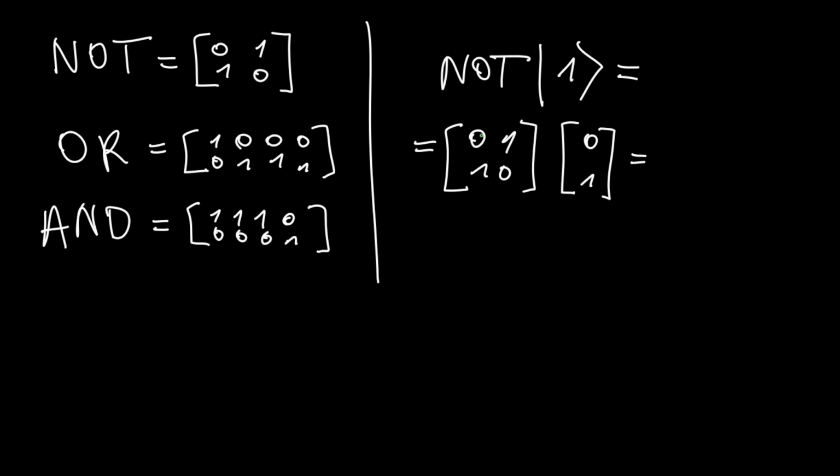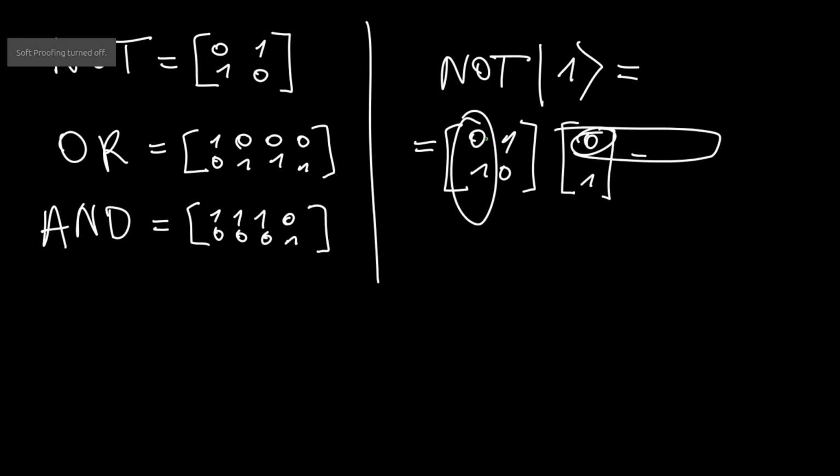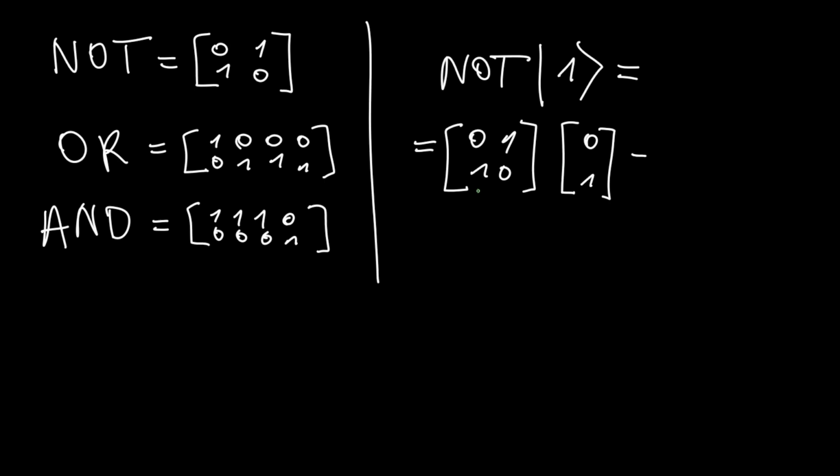Now let's multiply. This row, this column. So it's gonna be 0 times 0, 1 times 0, 0.